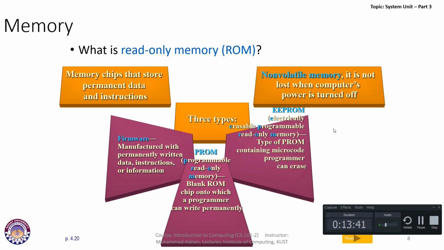It's up to the task of a user which ROM he or she should use. And then we have electrically erasable programmable read-only memory, EEPROM. This is a type of PROM containing microcode. A programmer can erase and then write multiple times.